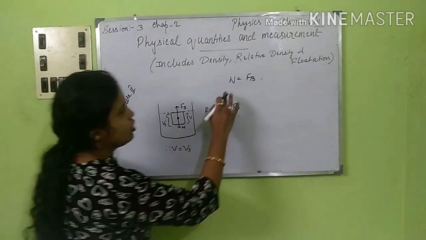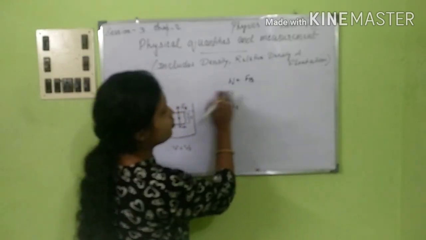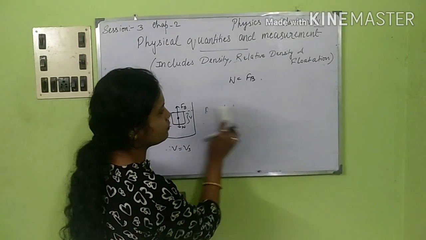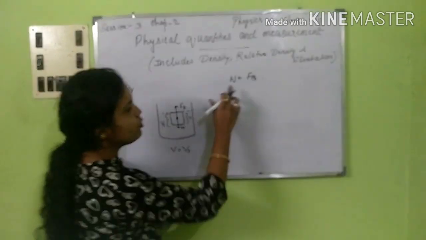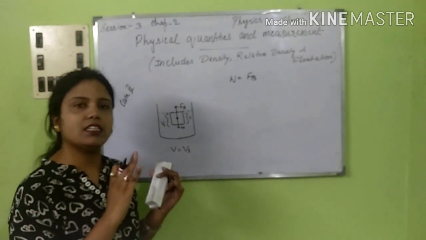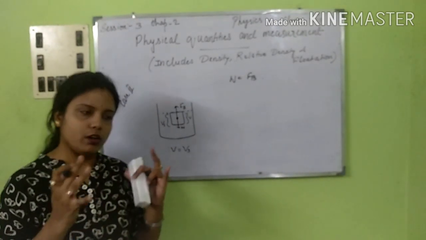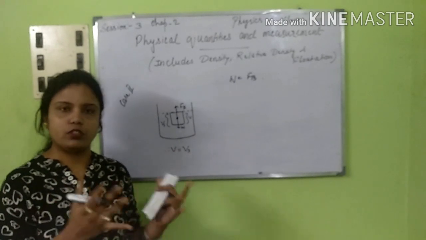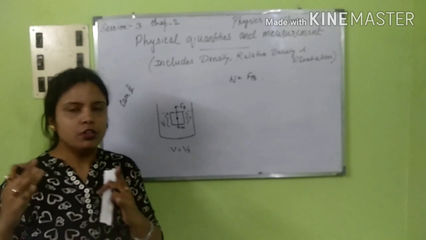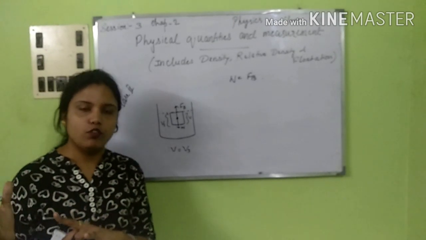Next, we have this condition, W is equal to FB, right? As we have this condition, I'm just rubbing off this part right now. W we know is the weight. Weight means what? We have already studied this, or rather not in the first chapter, you will get it in the higher classes. Mass into gravitational force, g.